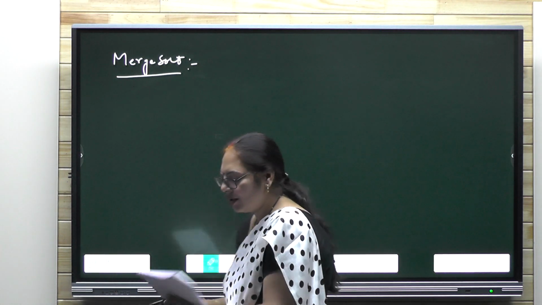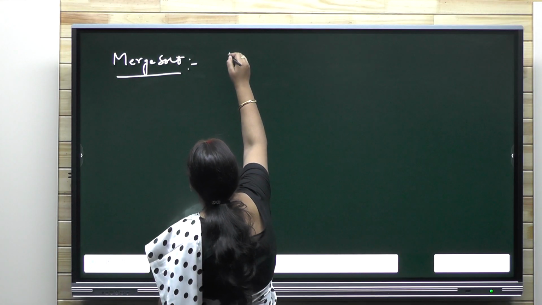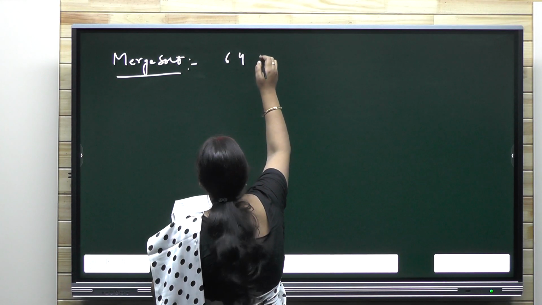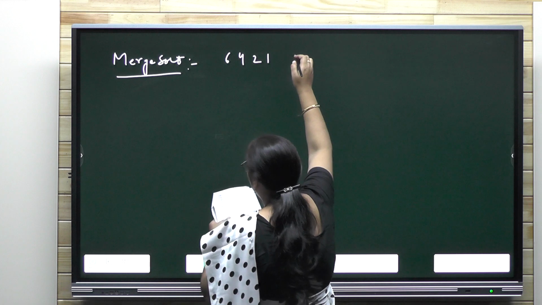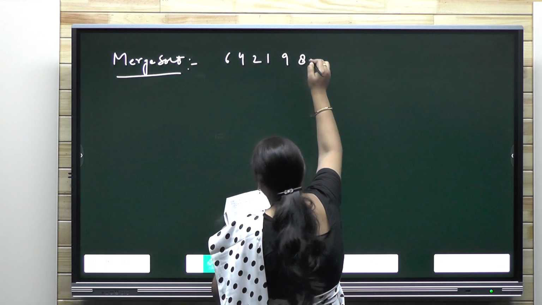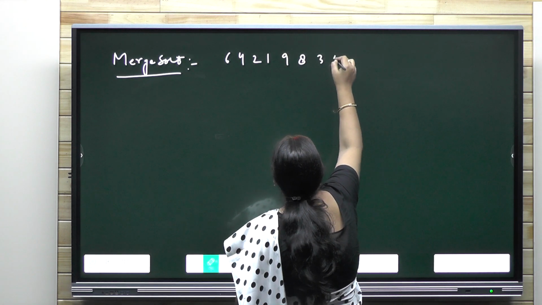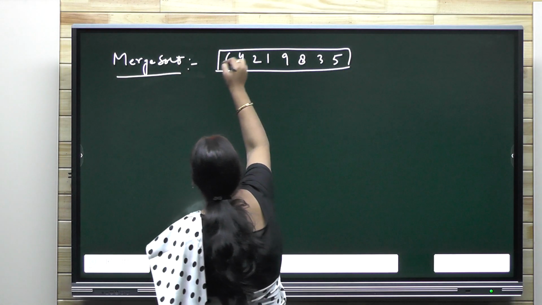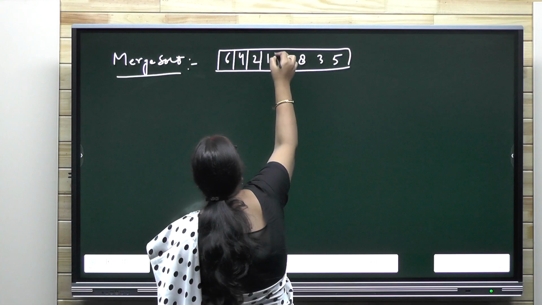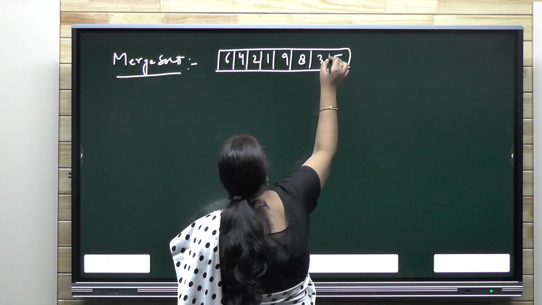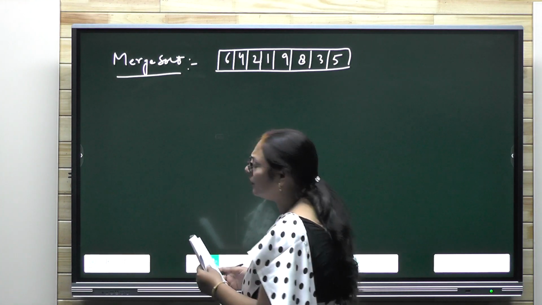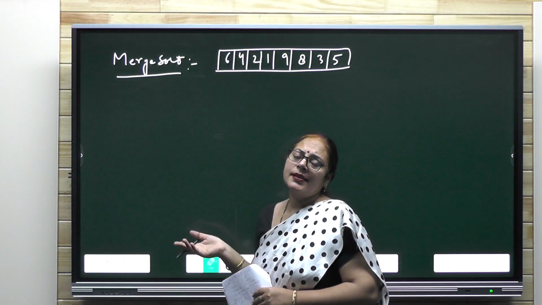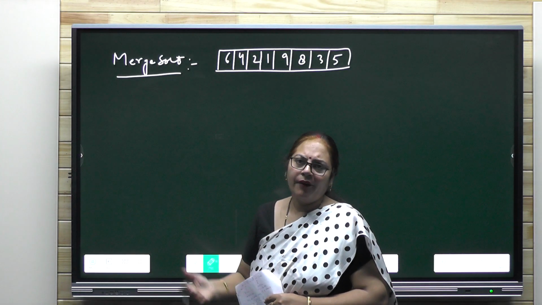Suppose we have the array 6, 4, 2, 1, 9, 8, 3, 5. This is the array of elements we have, and we have to apply merge sort to get the sorted array. As per the divide and conquer approach, first we have to divide.